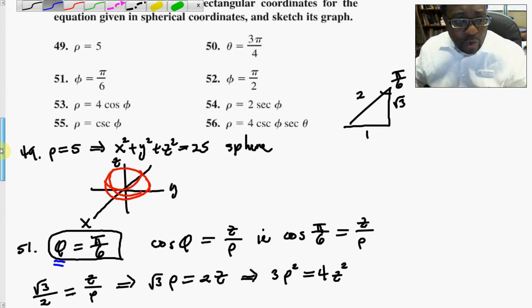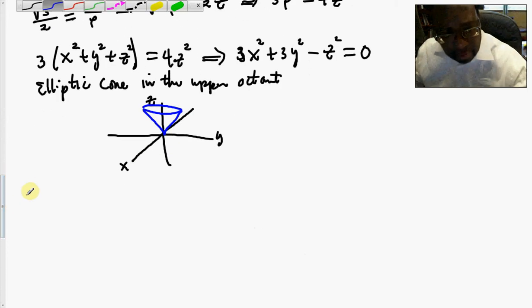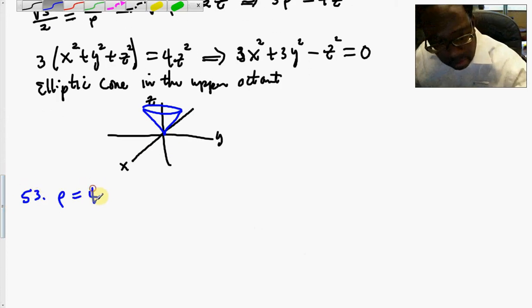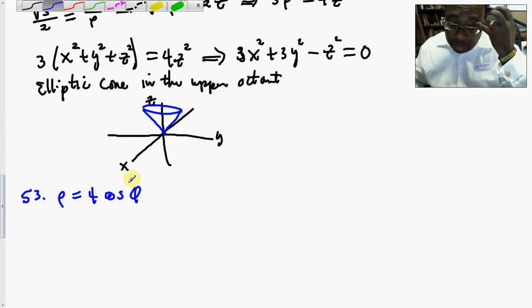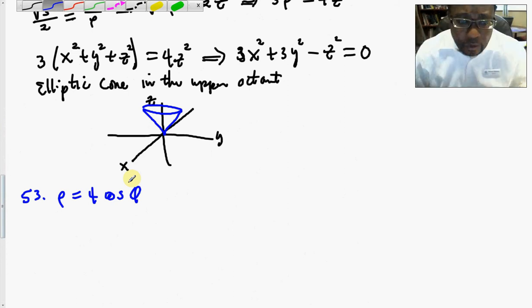Number 53, rho is equal to 4 cosine phi. Well, let's see.